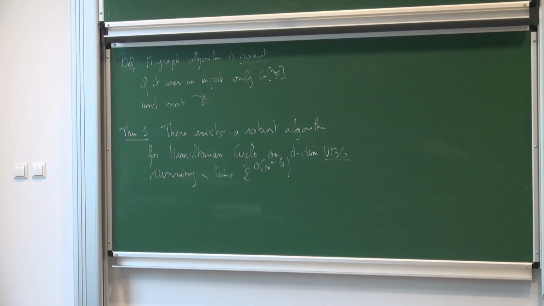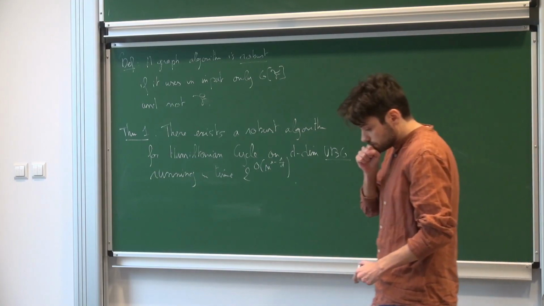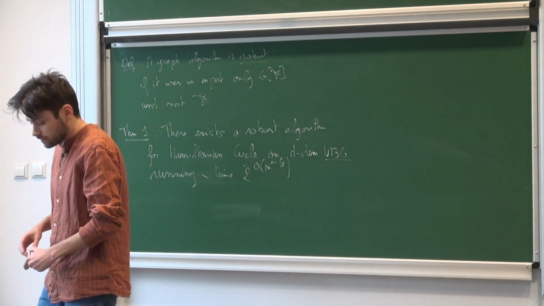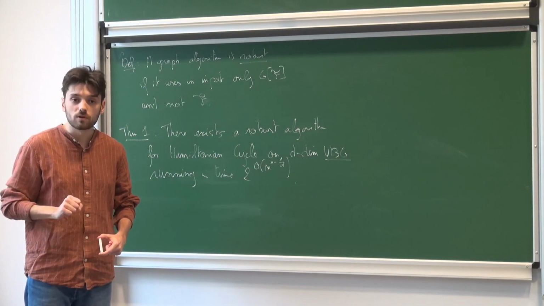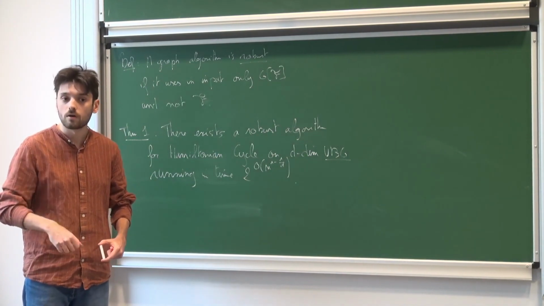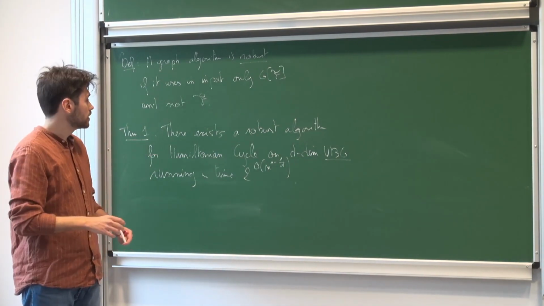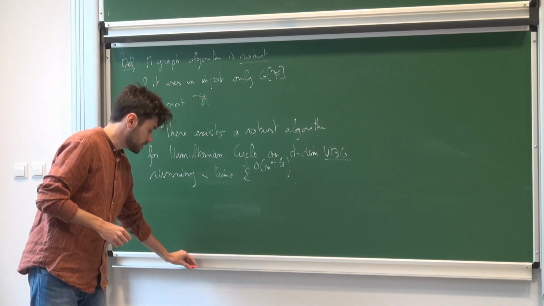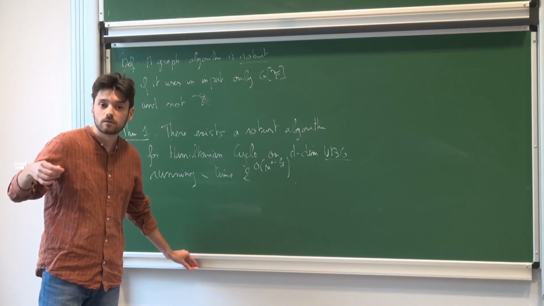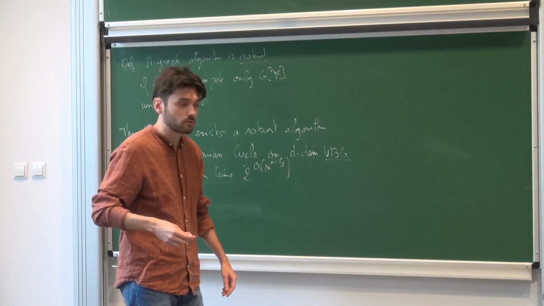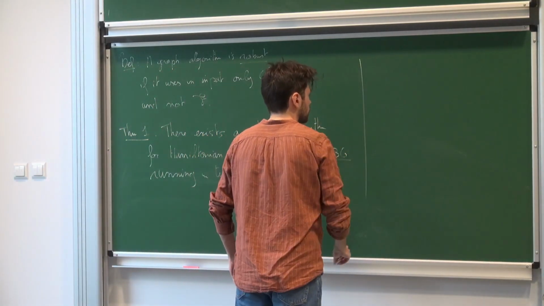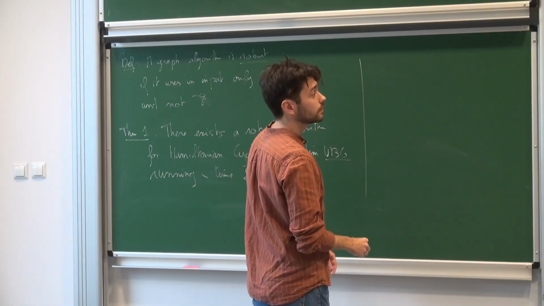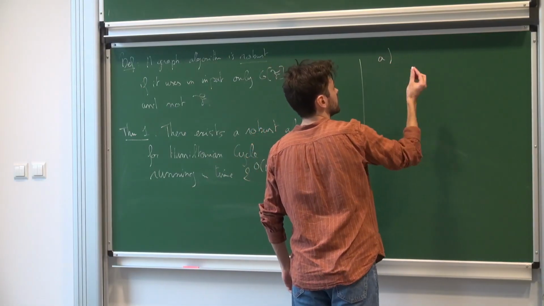But for more than 10 years, a non-robust algorithm was already known. So I will go a little bit into detail for this non-robust algorithm, because we will use some techniques introduced for this algorithm. It will be, let's say, the A part of my introduction.